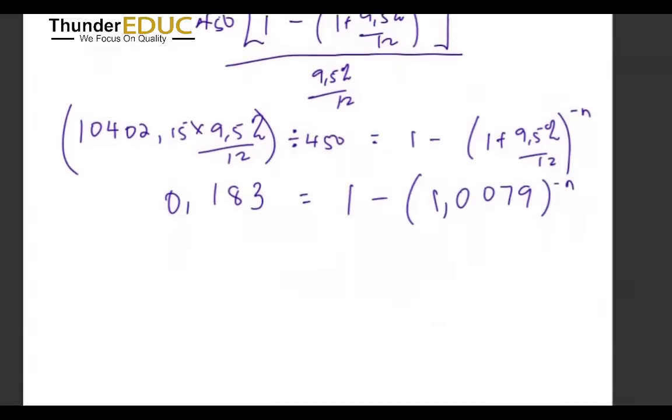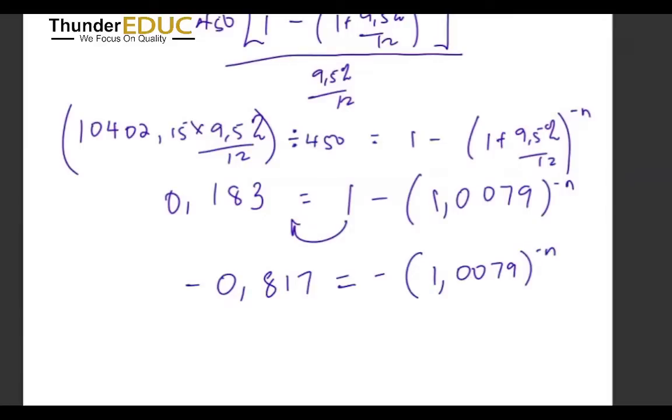Then when I move the 1 to that side, I'm just going to get 0.817 is equal to 1.0079 to the negative n, and then I can find logs, can take that.